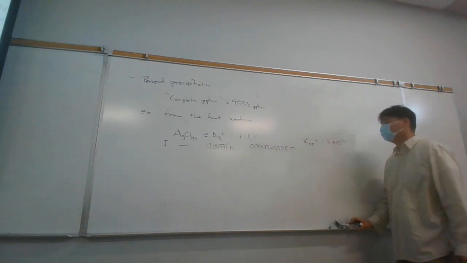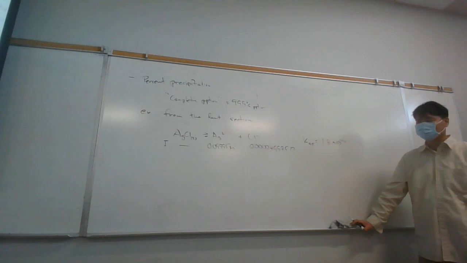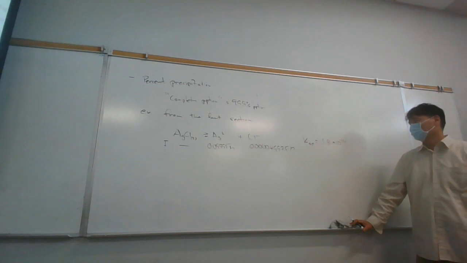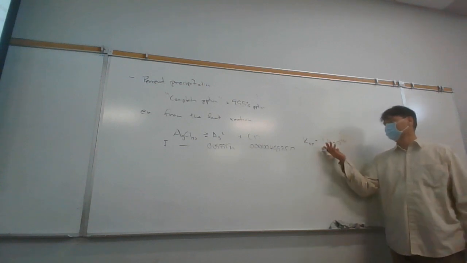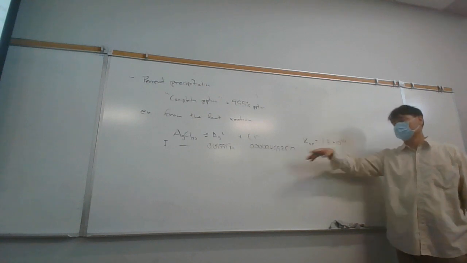But if we have a KSP of 1.8 times 10 minus 10, which side is favored? The reactant side or the product side? Yeah, it's a very tiny number, so actually the reactant side is going to be favored.